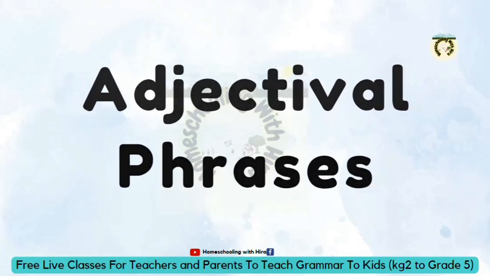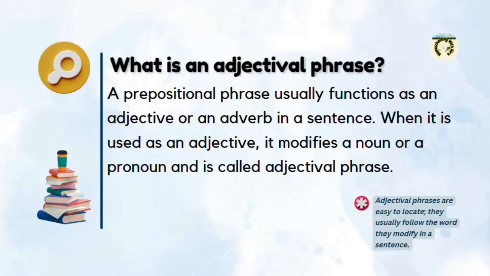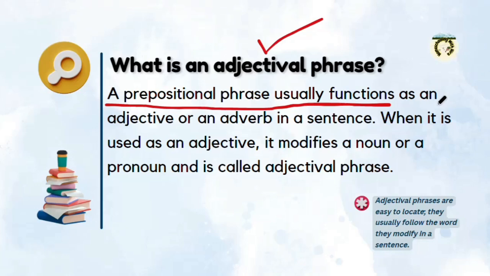What are they? Now, as I told you, if you understand prepositional phrases very well, it will be easier to understand adjectival phrases, because a prepositional phrase usually functions as an adjective or an adverb in a sentence, right? A prepositional phrase starts with a preposition and ends at a noun, right?